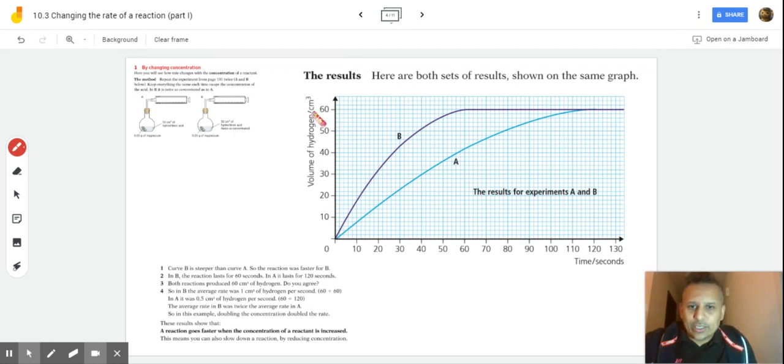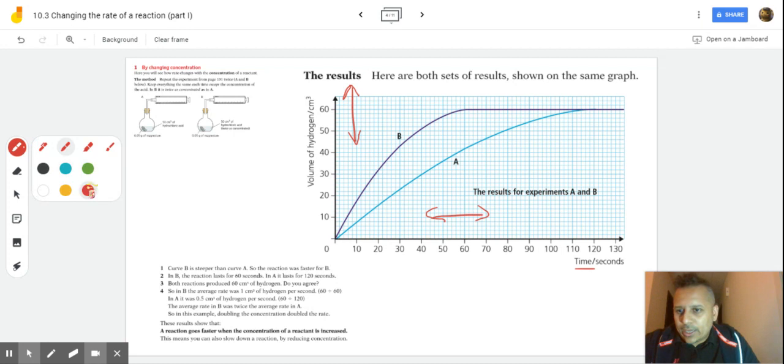So the change in the amount of product, which is what you would find on this axis, divided by the change in time, which is this axis over here. Now that is pretty much the gradient at any part of this graph.